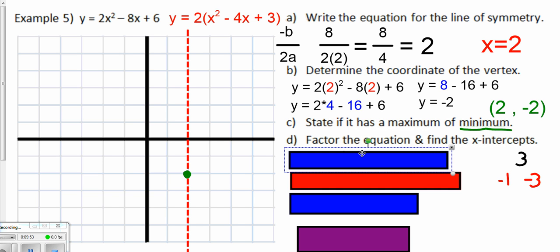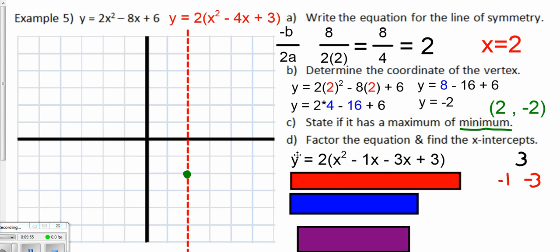So when we replace everything in our equation, we'd have y equals 2 on the outside still. That was our greatest common factor. x squared minus 1x minus 3x plus 3. This 4x became the 1x and the 3x. We split it up right here.